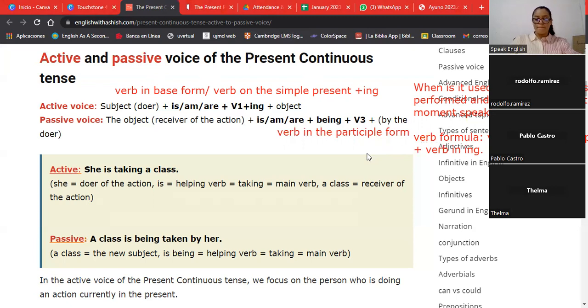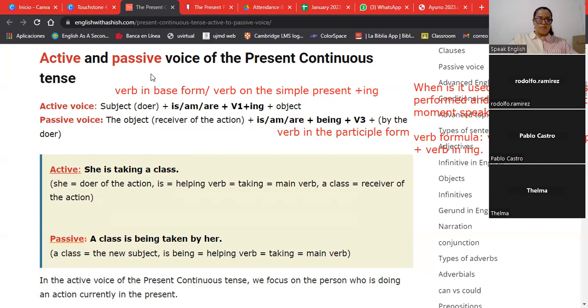All right. In the first class that I gave you, I asked the question, what is the passive voice? You told me that basically the passive voice is changing the object, right? In the active voice, we focus on the person who does the action. And in the passive voice, what do we focus on, guys?